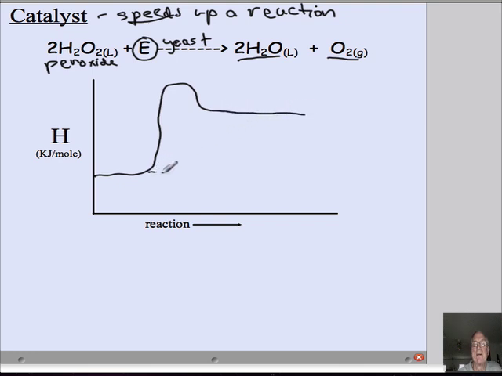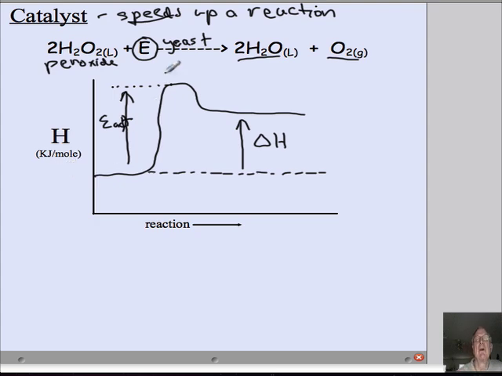And so we have here our heat of reaction, change in enthalpy, delta H. Again, I can't give you an exact number on that, but there it is. And we have our activation energy necessary to get the reaction started. And so the way that a catalyst operates, the way that it speeds up the reaction, is that it lowers this amount of energy that it takes to start the reaction.